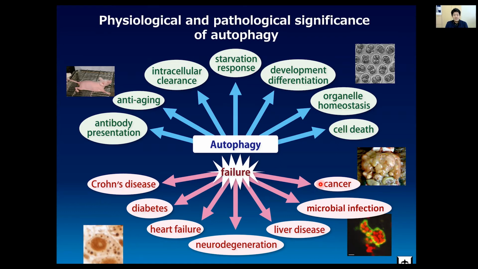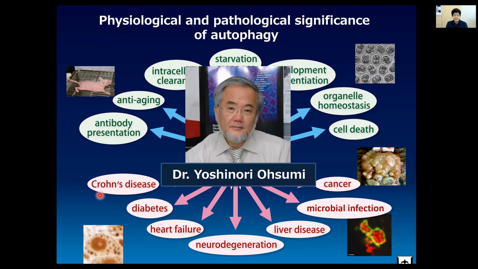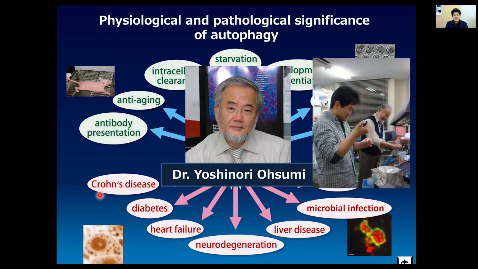This great expansion of the field of autophagy research was triggered by the discovery of genes required for autophagy in baker's yeast by Dr. Yoshinori Ohsumi, who won the Nobel Prize in Physiology or Medicine in 2016. I studied autophagy research in his group in 2004 and had my own laboratory here in 2017.